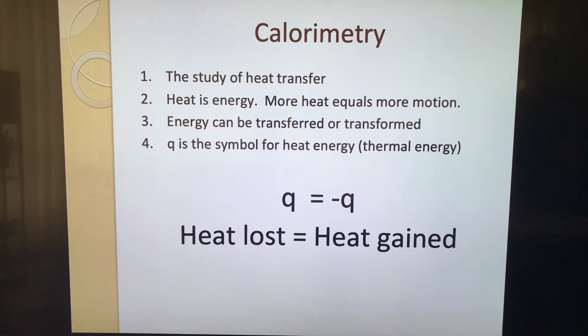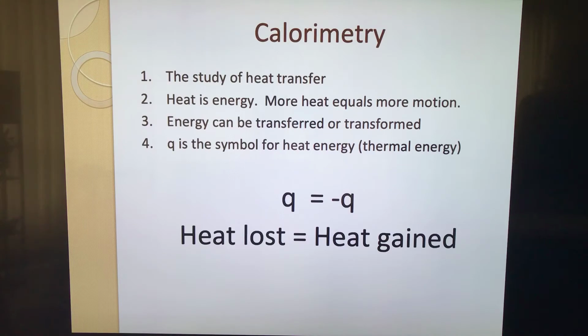So if you look at an item of food and it says, oh, that granola bar, one granola bar is 100 calories, okay? It is 1,000 times more than a calorie in chemistry.